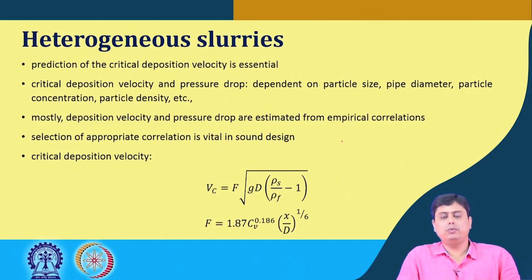The pumping cost will increase, and wear and tear will be enhanced. So, this critical deposition velocity and the consequential pressure drop is dependent on several factors, including the particle diameter, particle concentration, particle density, and several other terms.